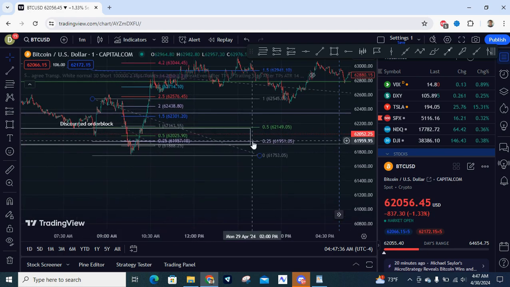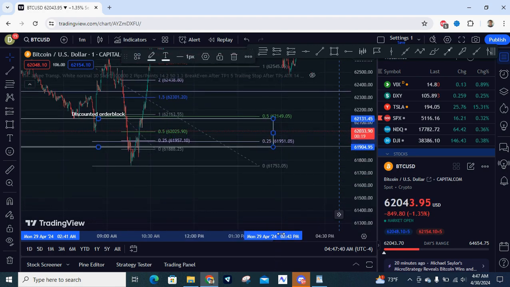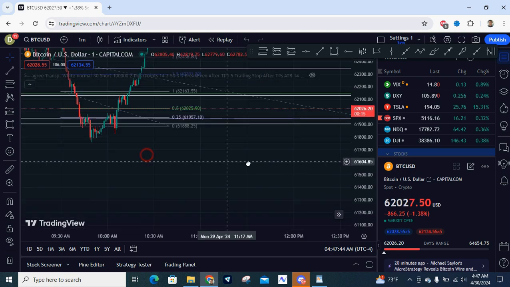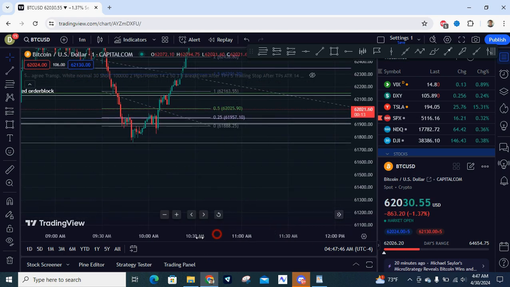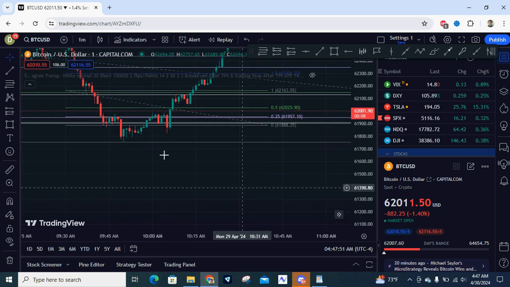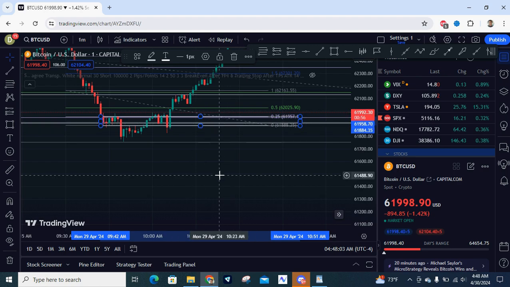Okay, right here, it matches with the 25% of the higher time frame, of course, and then you can find that same thing here. Pretty much same idea. You already know what to do.